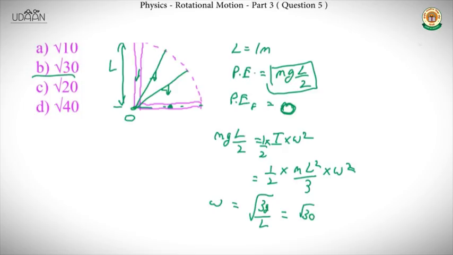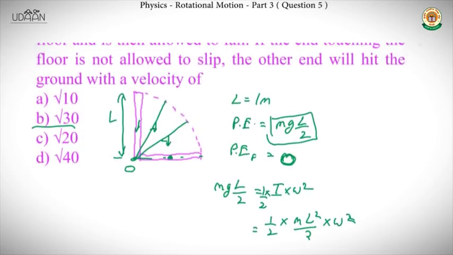So basically this question was chosen to understand the concept that here we can't use conservation of angular momentum, as there is an external torque which is not even constant. So integrating it and going into all that problem is not an option, since when we are concentrating on IIT problems, we need speed. We need quick thinking. So what we think over here is we'll easily conserve the energy.